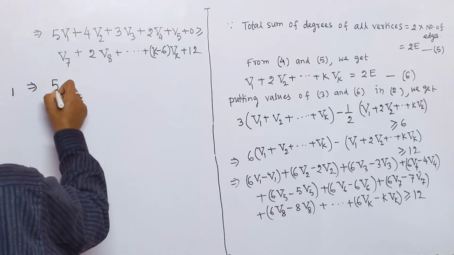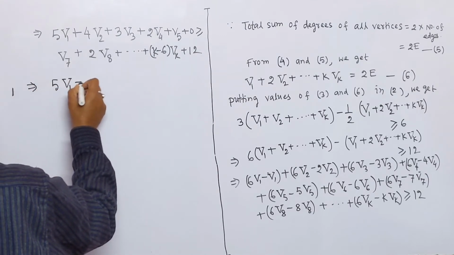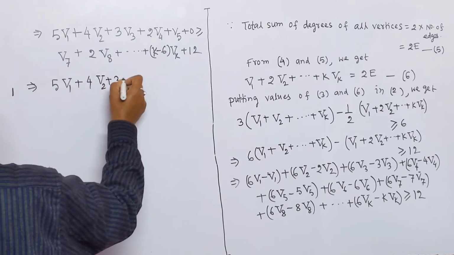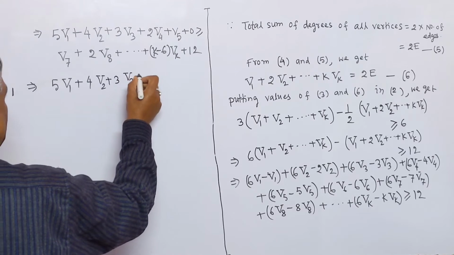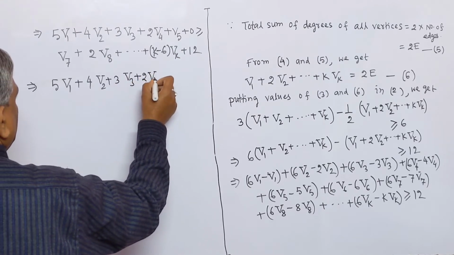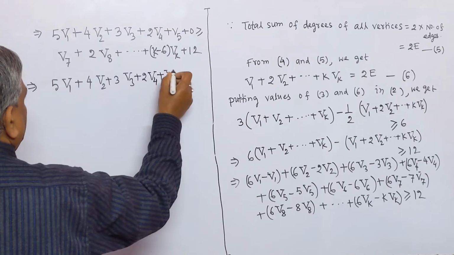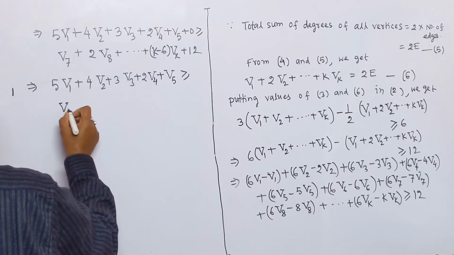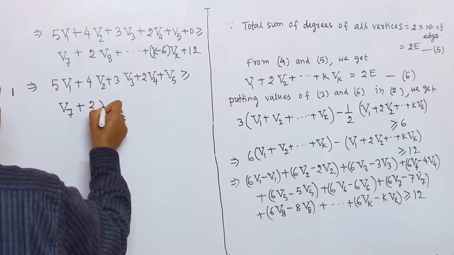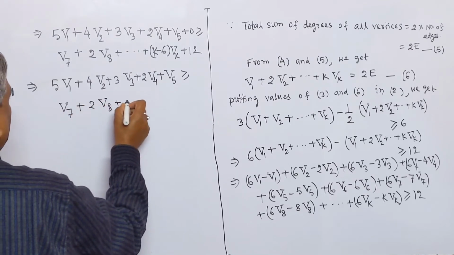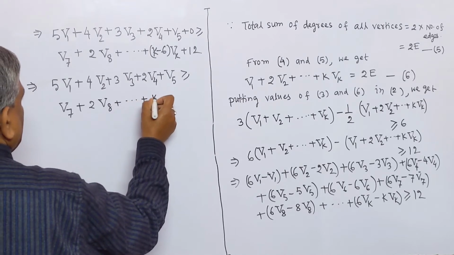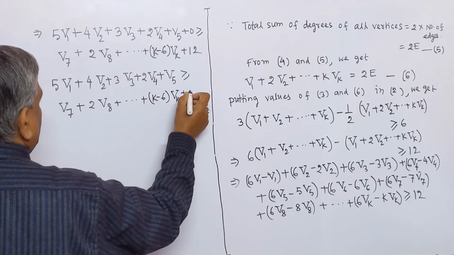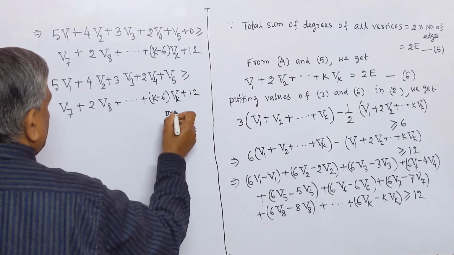This implies that 5V1 plus 4V2 plus 3V3 plus 2V4 plus V5 is greater than or equal to V7 plus 2V8 plus dot dot dot dot plus (k minus 6)Vk plus 12. Proved.